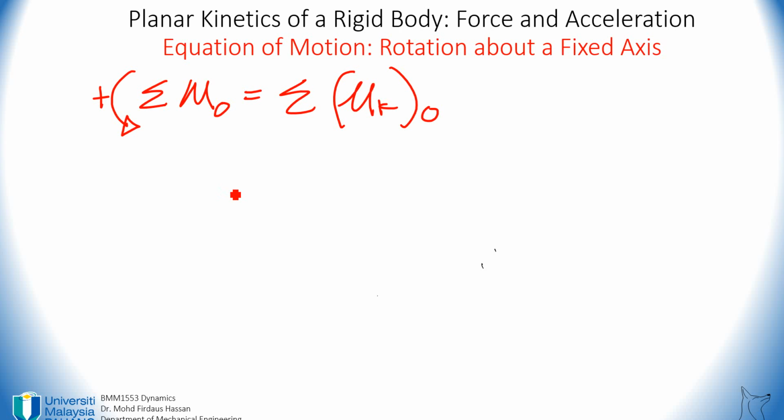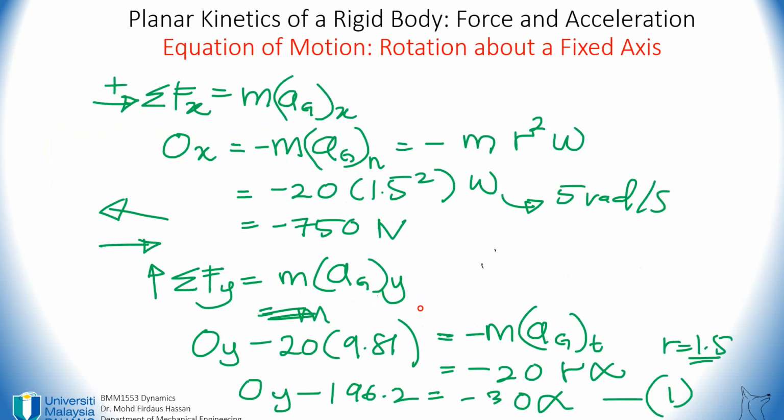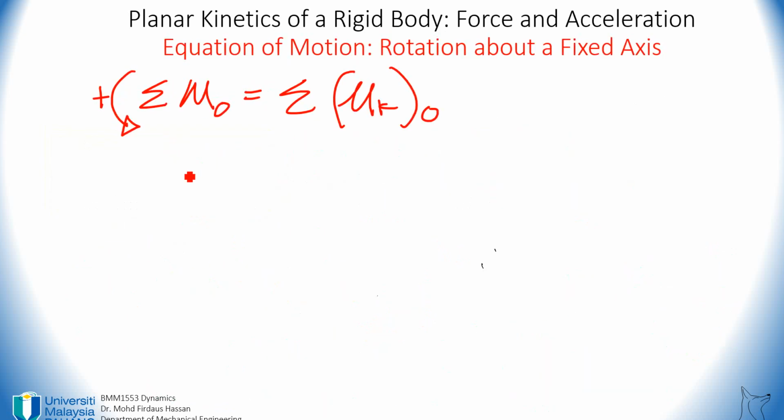So how to do that? We have at point O external moment only. External moment is clockwise, so it will give you a negative value, 60 Newton meters.